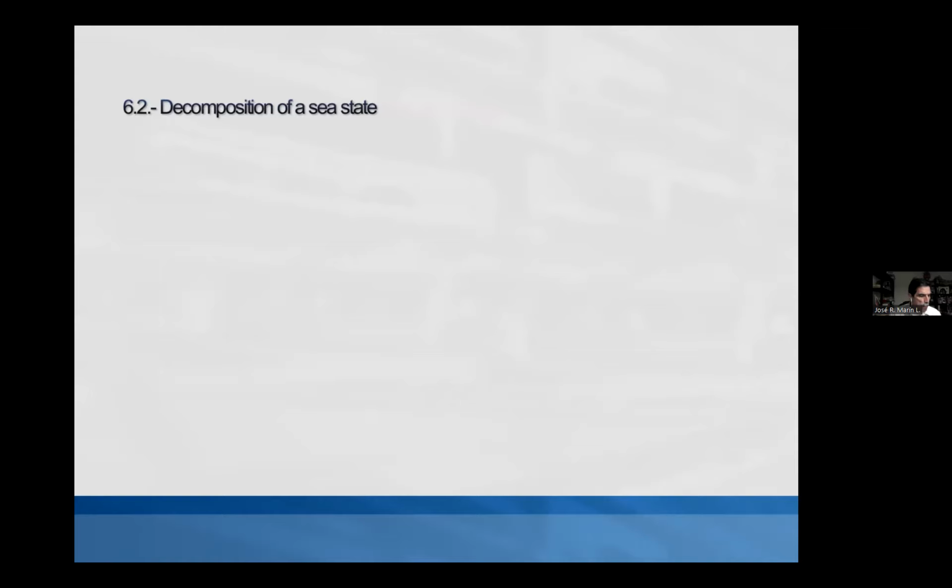Okay, now the next topic is the composition of the sea state. In a certain way, we did this, and I think it's a good idea for you to have it back in your memory. This is something that we did in the previous chapter. We consider a sine function, a harmonic function, and we can calculate the mean squared of this single function.